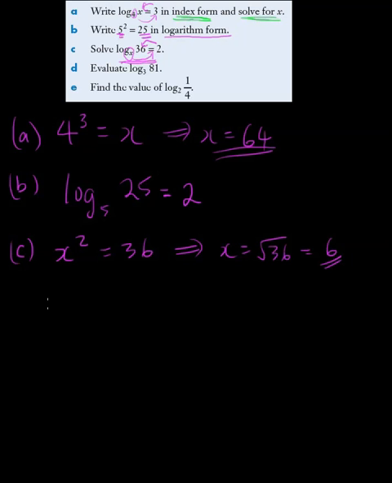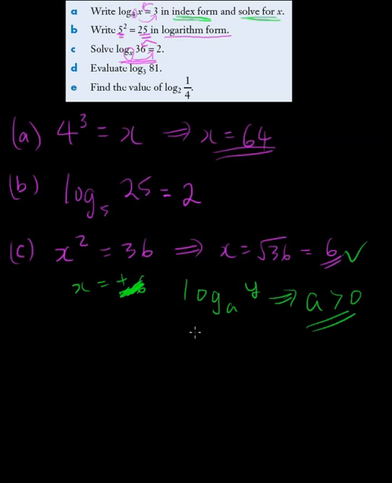Some of you might be going, hang on, can't it be plus or minus 6? Because x squared is equal to 36, can't x be equal to plus or minus 6? And the answer is no, it can't be negative. That's wrong. This is because what we said about logarithms was, if I have log base a of y, a must be bigger than 0. That's a definition of logarithm.